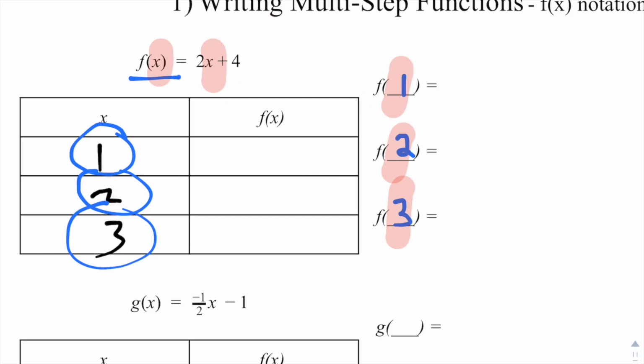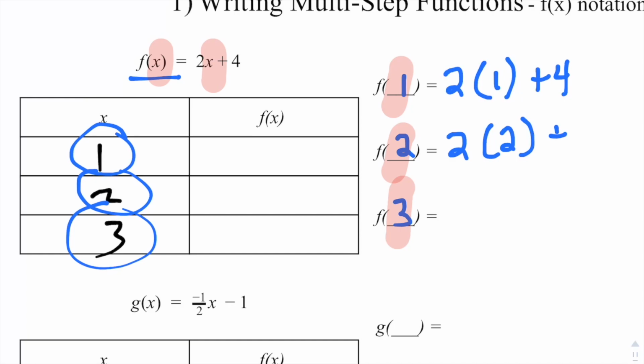When we do f evaluated at 1, we take the 2, and where we see x, we put a 1, plus 4. Then f evaluated at 2, we take the 2, and where we see the x, we put the 2, plus 4. And f evaluated at 3, we do 2, and where we see the x we put the 3, plus 4.